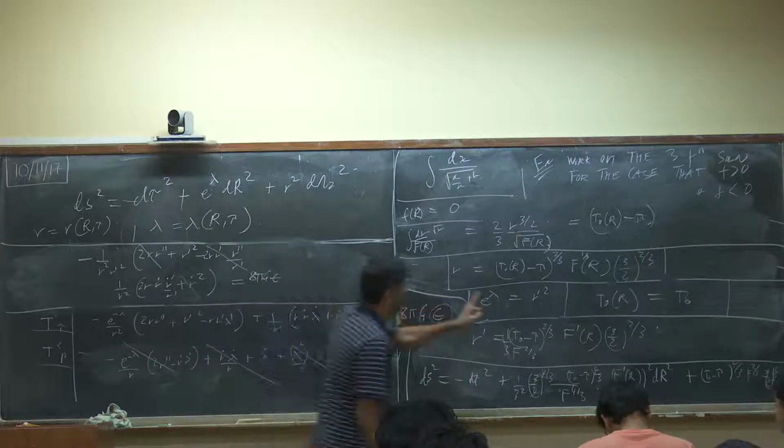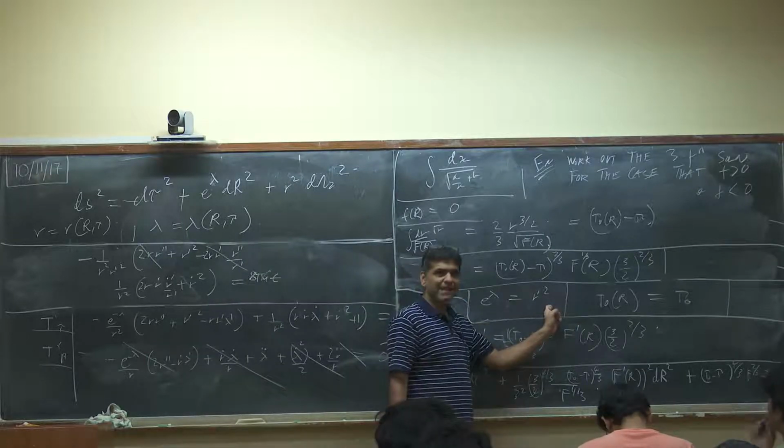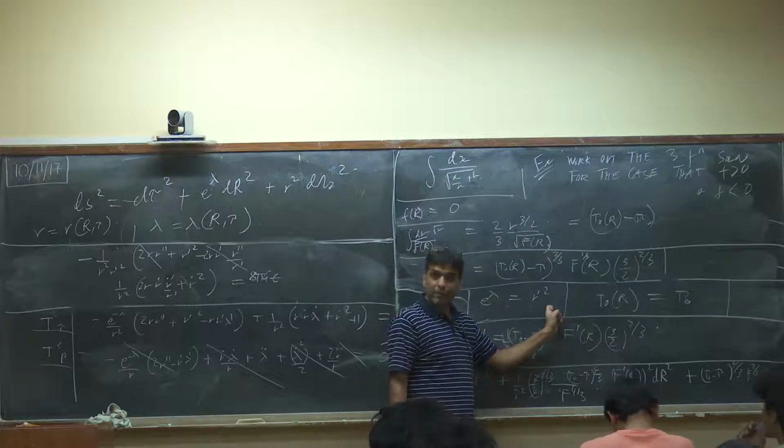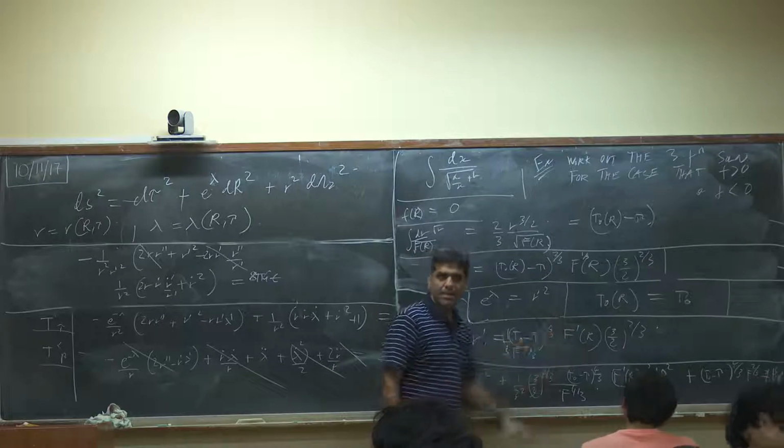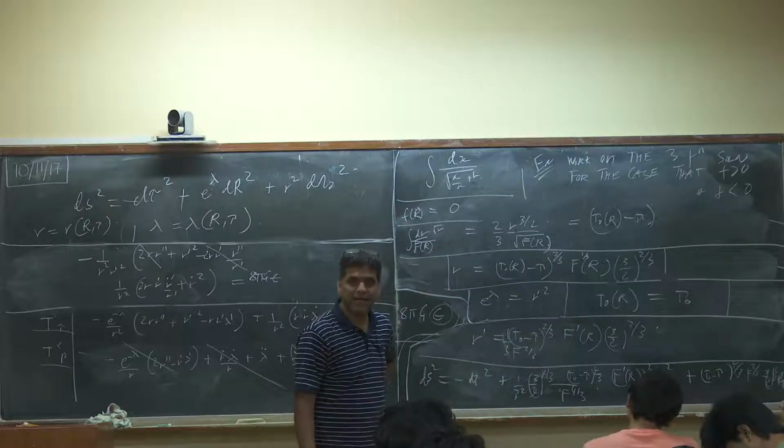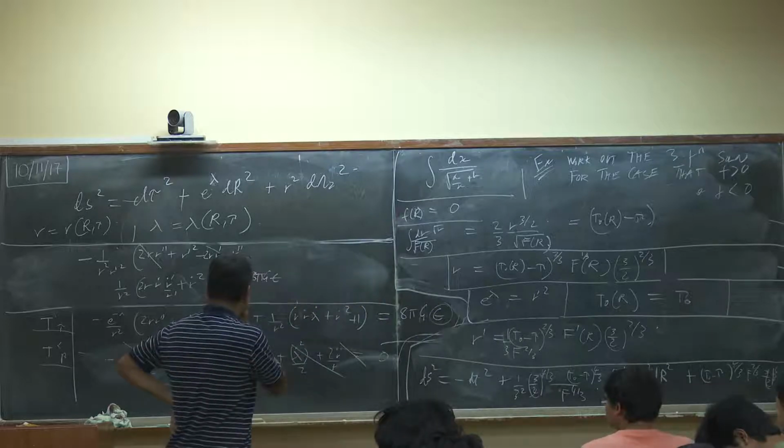Wait, I'm sorry, one more request. At some point we had that equation that we solved for r. That was an equation which had r. No, but there's no prime. There was no prime.